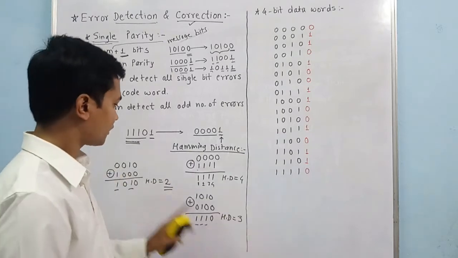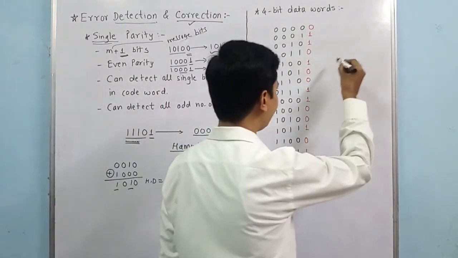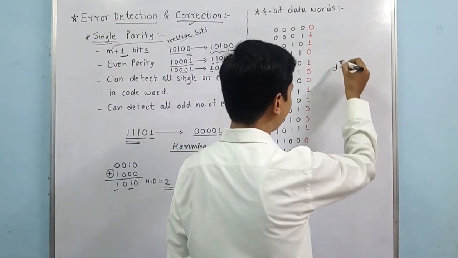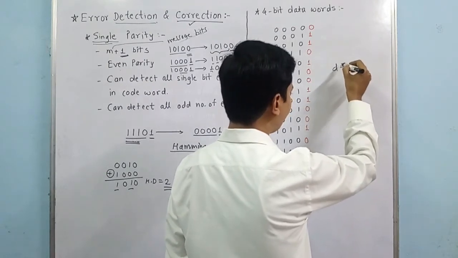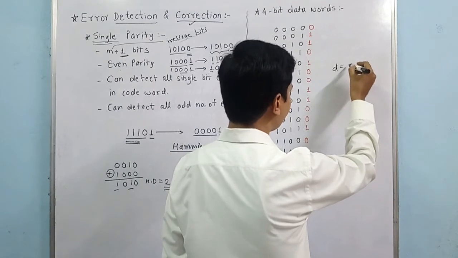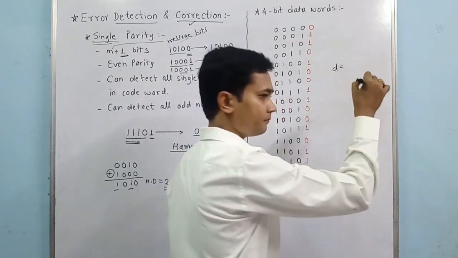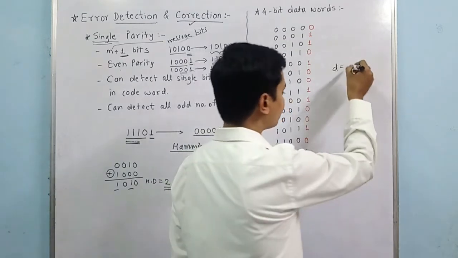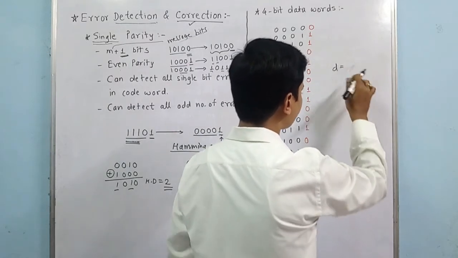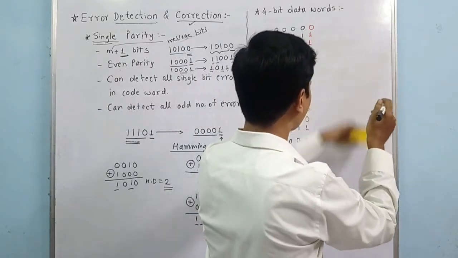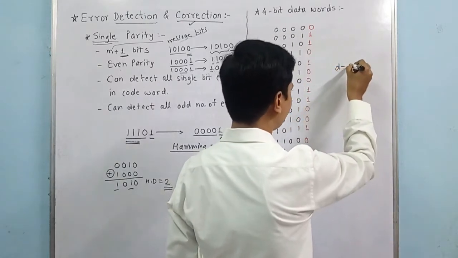So for Hamming distance D, the number of error bits that can be detected is D minus 1.